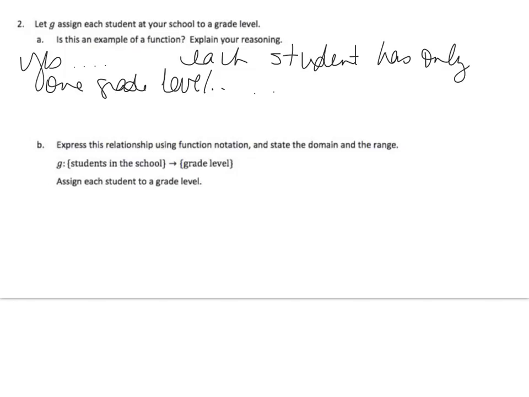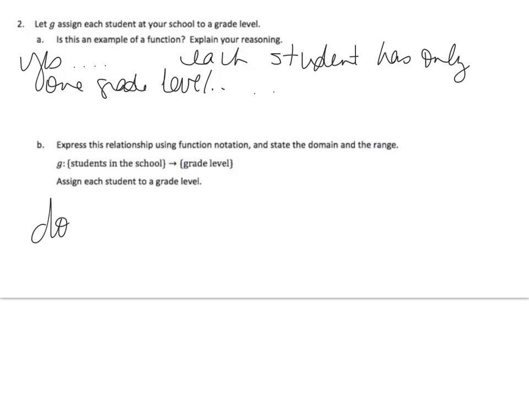I mean, usually, okay? In high school, no. When you go down to the lower grades, you've got some kids that are moving math classes into a higher math level, but it's not what we're talking about. So express this relationship using function notation and state the domain and range. We've got G such that the set of all students in school goes to the set of grade levels. Assign each student to a grade level.